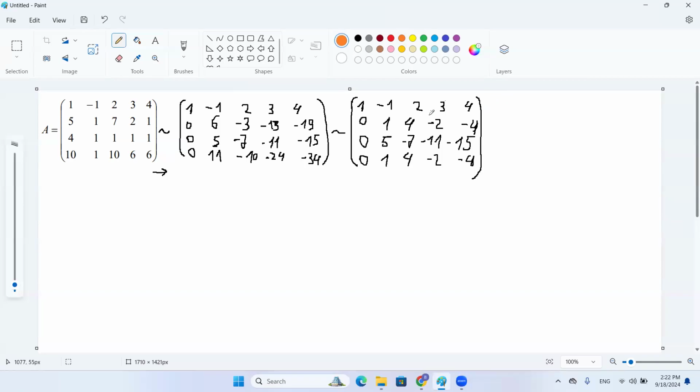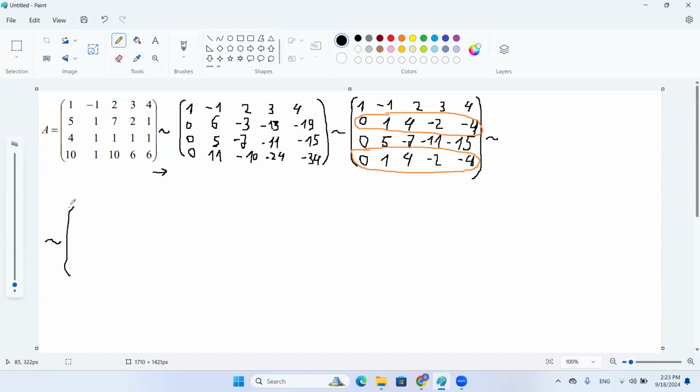Do you see something interesting here? The second line has the same numbers as the fourth line, the same coefficients. What does it mean? It will be 0. So we just eliminate this row because we have the same coefficients.